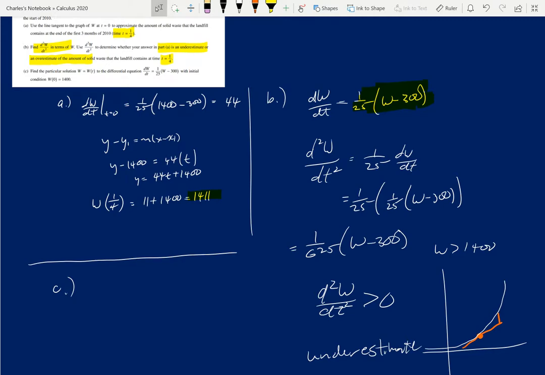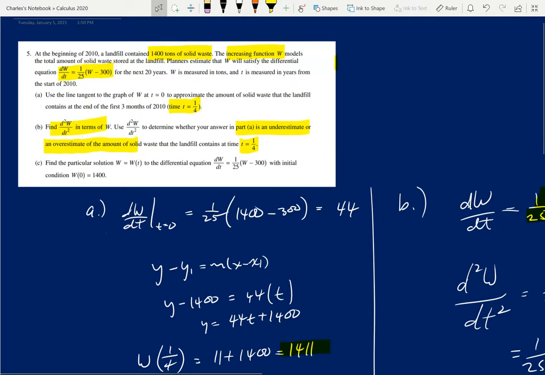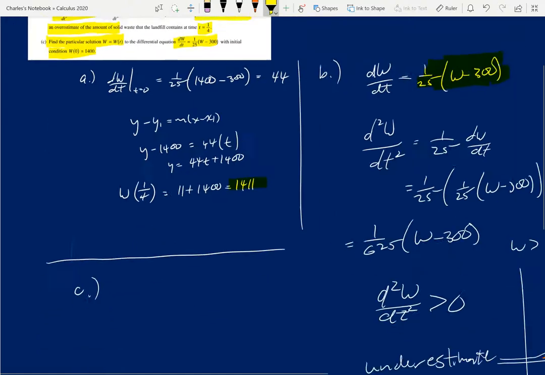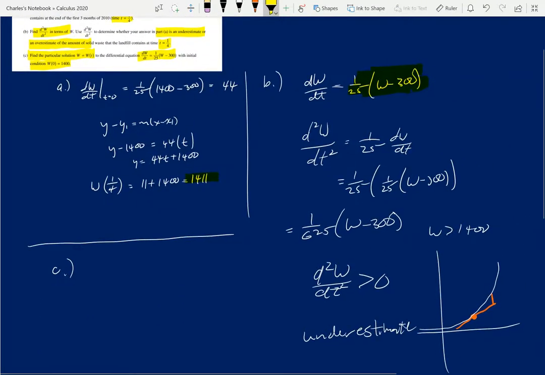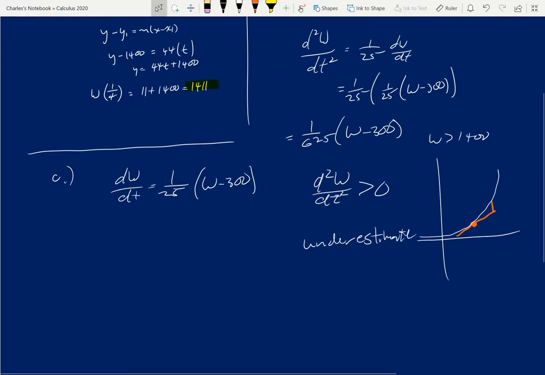asks you, which you usually will with a differential equation problem, to find the particular solution to that differential equation with an initial condition of W of 0 is equal to 1400. And so here's where I'm going to separate and integrate. I have dW/dt is equal to 1 over 25 times W minus 300.